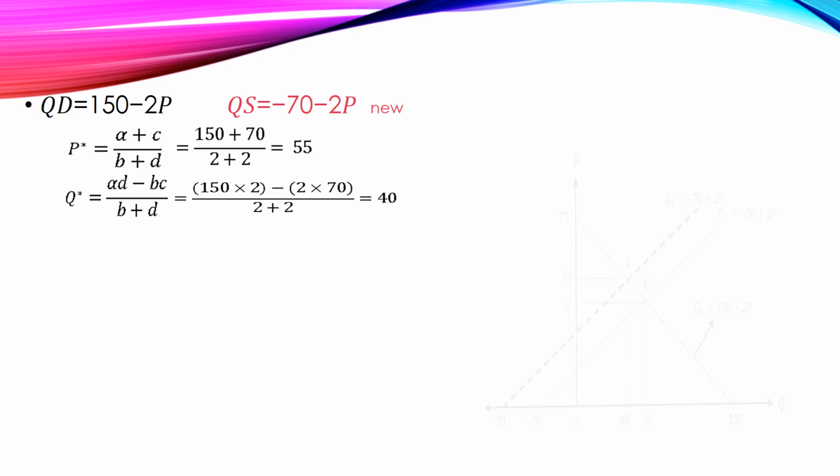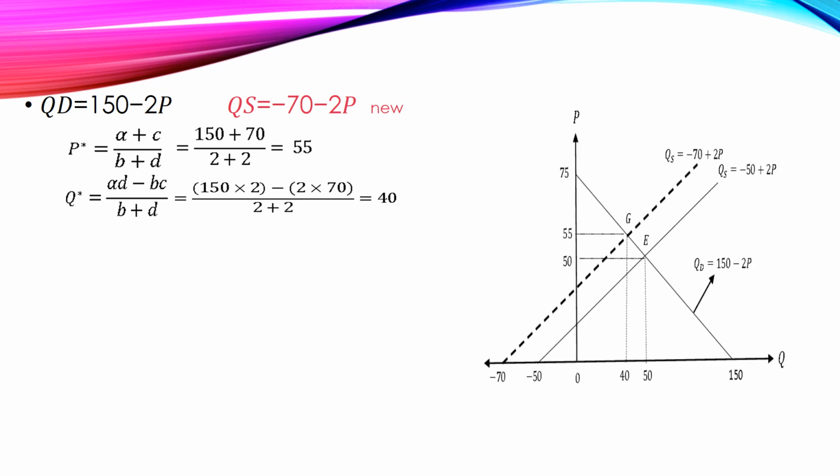So the graph will be like this. The quantity supply curve will shift to the left, and the new equilibrium price will be 55 and the new equilibrium quantity will be 40. The new intercept is negative 70, the intercept of the quantity supply function.